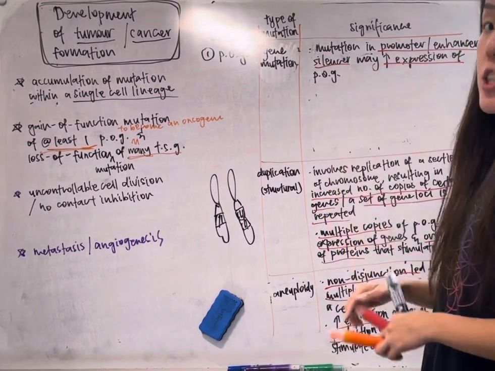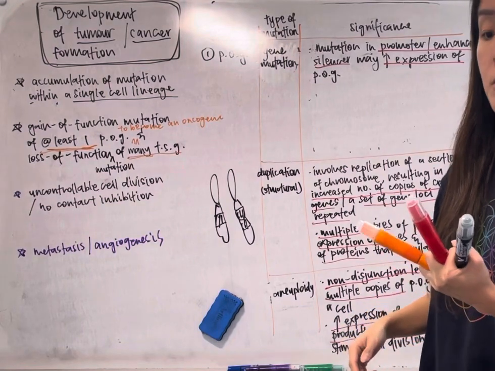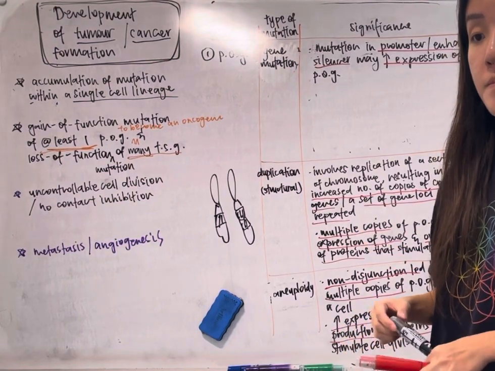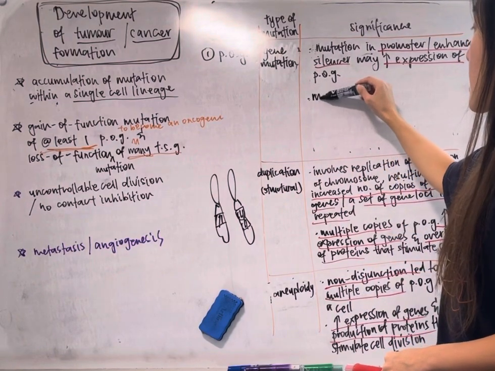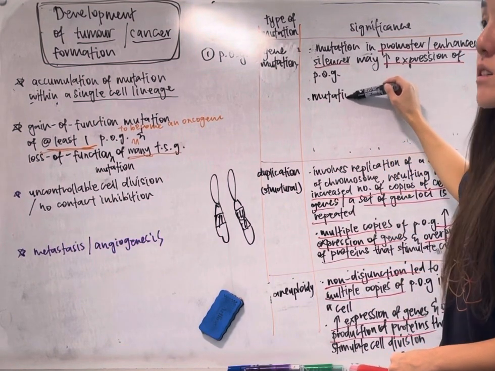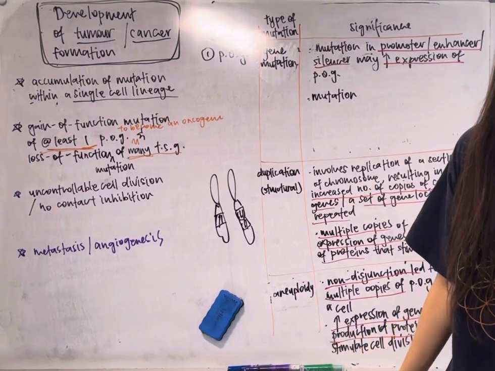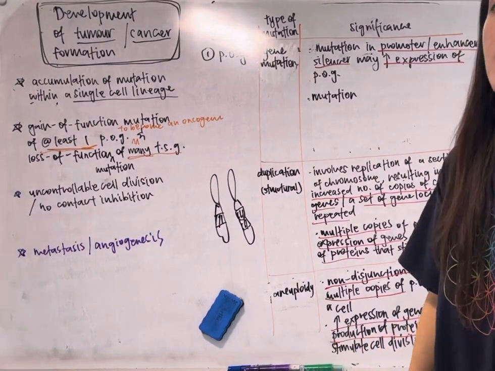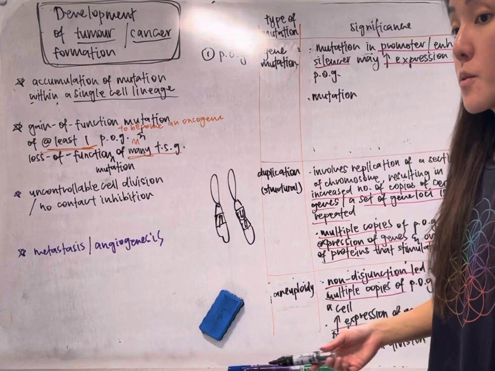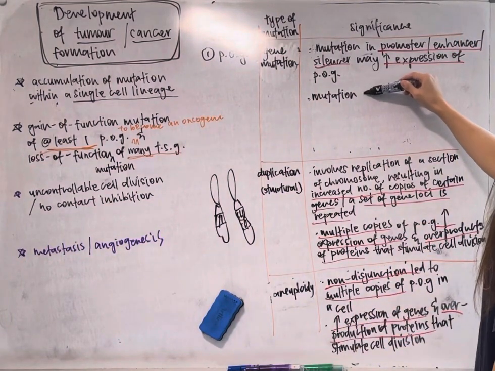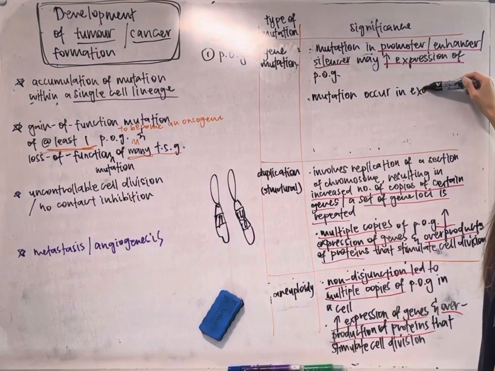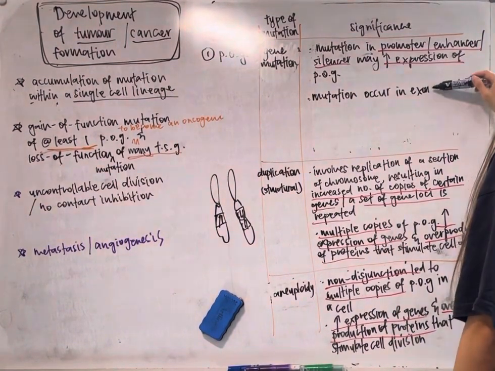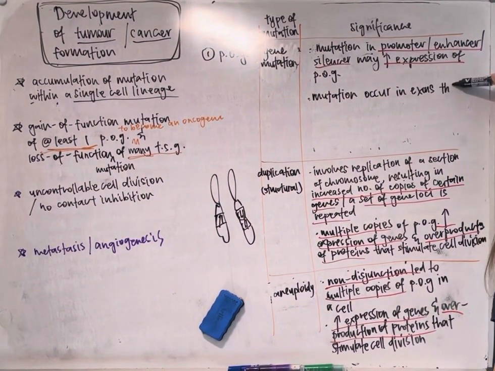What other gene mutation can I have to turn a proto-oncogene into an oncogene? Hannah? You also can have mutation in where? Can I also have mutation in my exons? Can, right? There's a variety of ways. So mutation occurs in exons, in the nucleotide sequence.